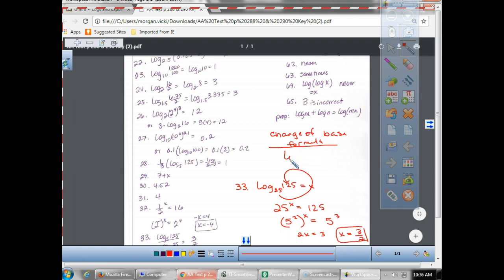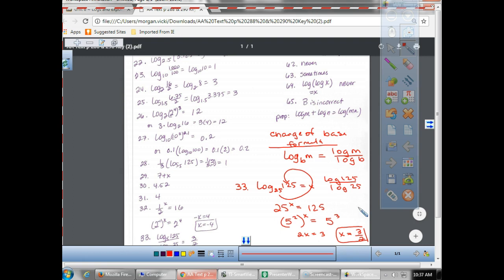So if I have log with a base of b of m, and I want to simplify that, I can do log of m over log of b. And here's the neat thing: I can put any base I want. Or I can just use a calculator. So for this particular problem, it would be log of 125 divided by log of 25.